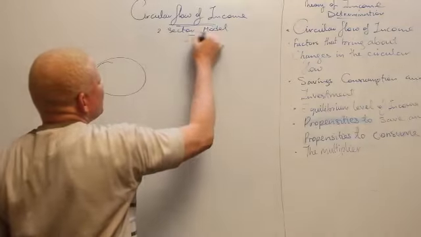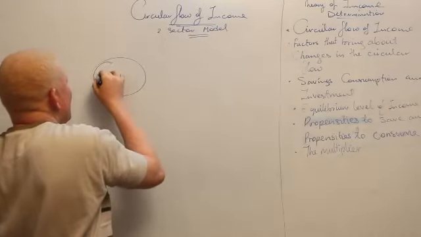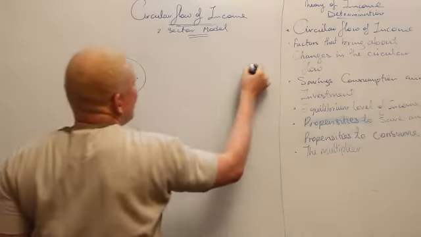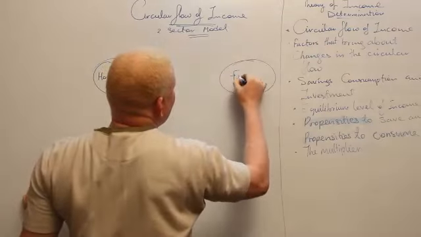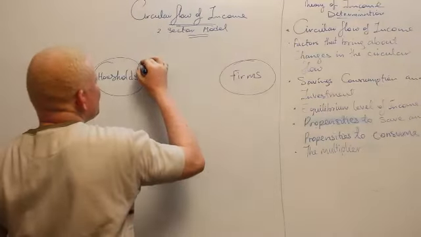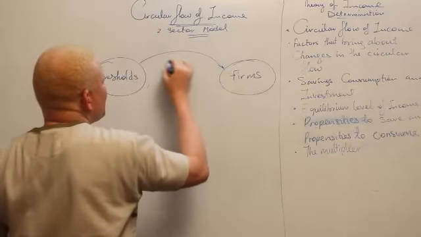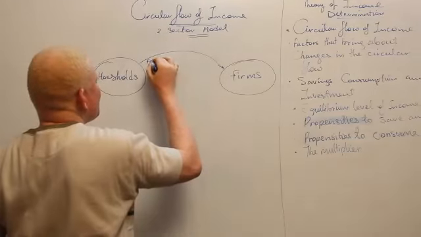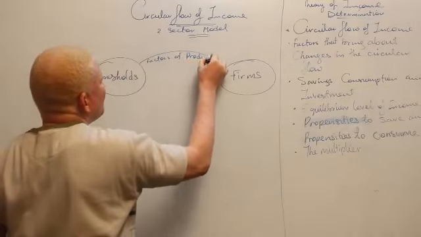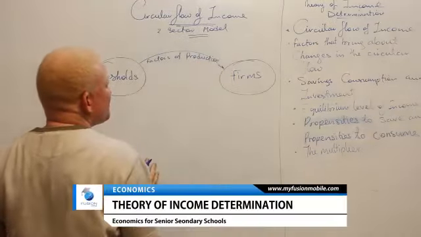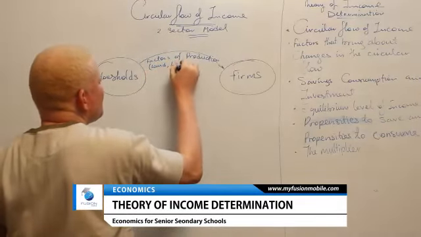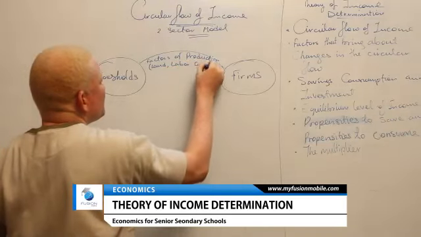At the basic level, we have a two-sector model of circular flow. We have here households, and here we have firms. The households will supply factors of production to the firms. Factors of production include land, labor, capital, and so on.